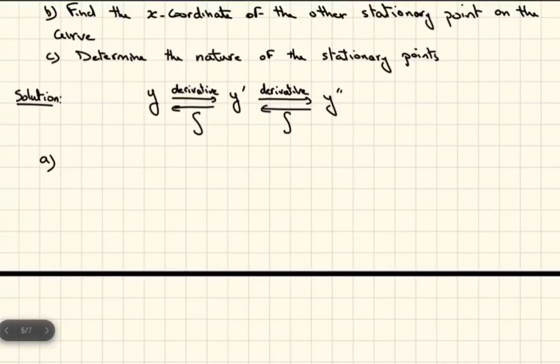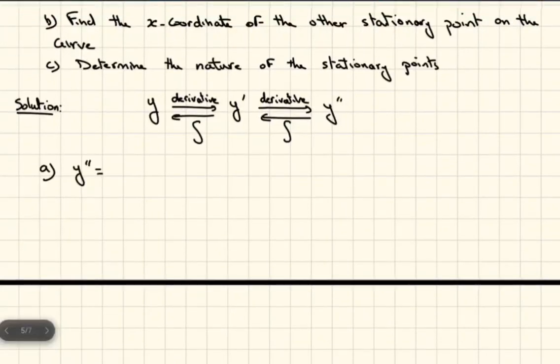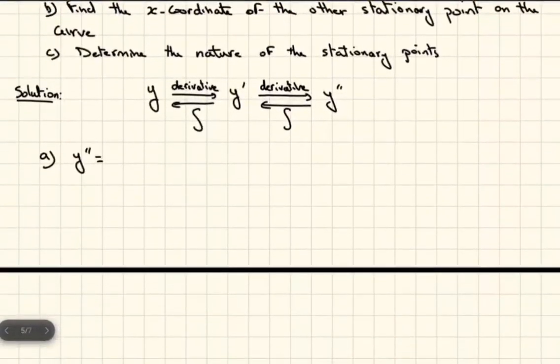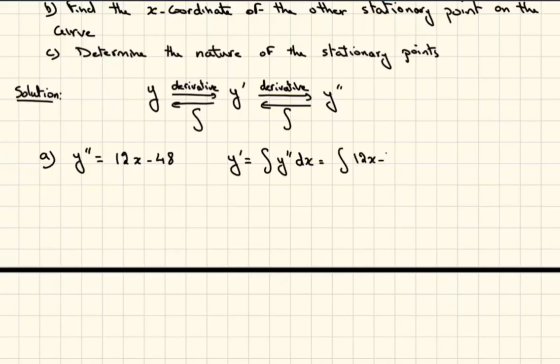You are given y double prime to be 12x minus 48. So I can find y prime by doing the integral of the second derivative, which is integral of 12x minus 48 dx.